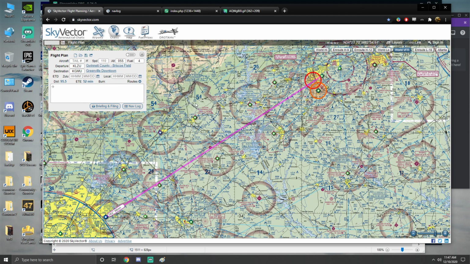This is telling us that the highest terrain feature, man-made or otherwise, in this sector is 5,400 feet MSL, or basically our true altitude. So it's easy to use this as a quick reference for flight planning, because you can say, hey, we want a minimum vertical separation of 1,000 feet, which means that we want to be at least 6,500 for this sector, 6,400 for this.